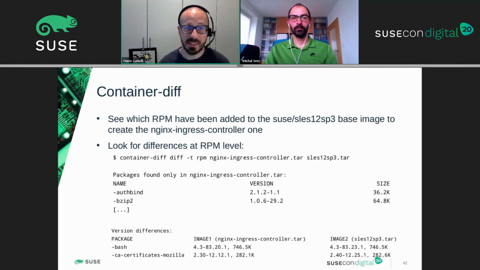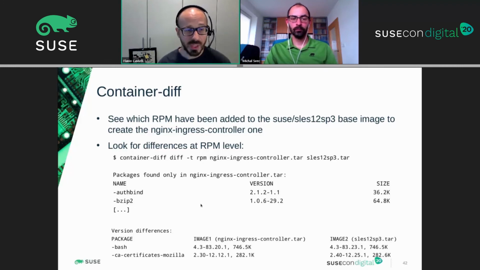Finally, there is also quite some value that can be obtained by looking at the packages installed at the system level, so RPM packages or deb packages. In this example, I'm looking at the Nginx ingress controller, which is an image that is derived from the SLES12 SP3 base image. And by comparing this derived image with its base image, we can see all the packages that have been added by the Nginx controller, like authbind, bzip2, and such.